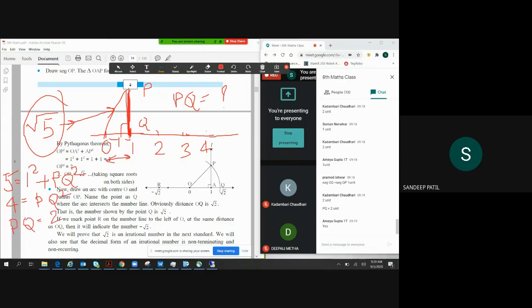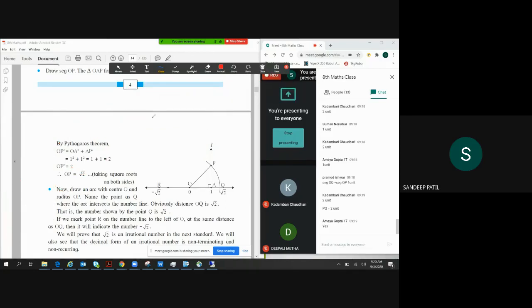So PQ will be 2. So if we take 0 to 1, and from 1 we draw a perpendicular line, PQ should be 2. Then we will get the root of 5, this is O and P will be the square root of 5.